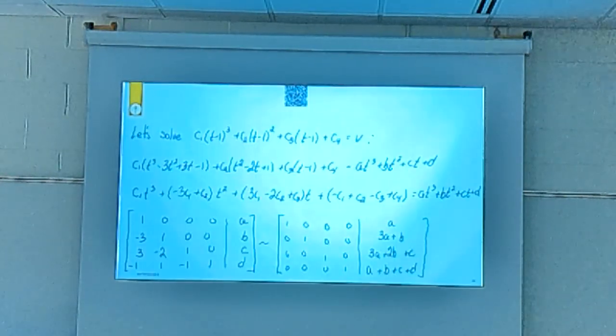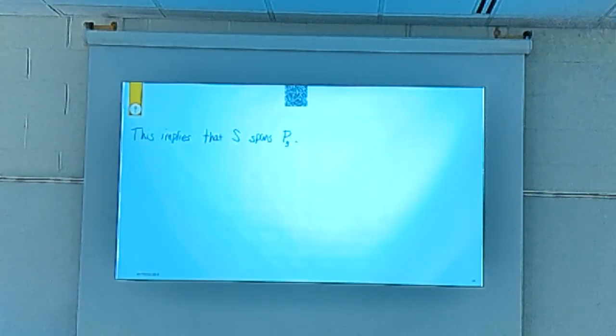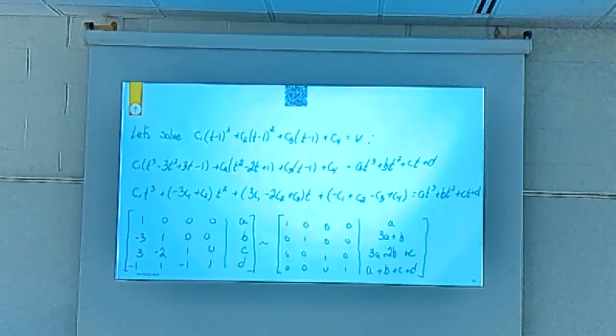Does that system have a solution? Right, so is the system consistent? Yes. So that's implying now S spans P3.